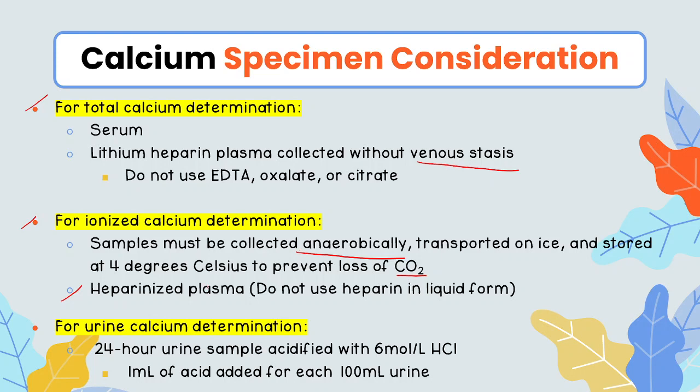So lastly, for urine calcium determination, so 24-hour urine sample pa din po yung best choice, and it should be acidified with 6 moles per liter of your hydrochloric acid. Or dapat maglalagay po tayo ng 1 ml of acid for each 100 ml na urine. So, consider measuring the volume of your urine, and then from there, dun nyo po i-estimate how much hydrochloric acid will be placed.